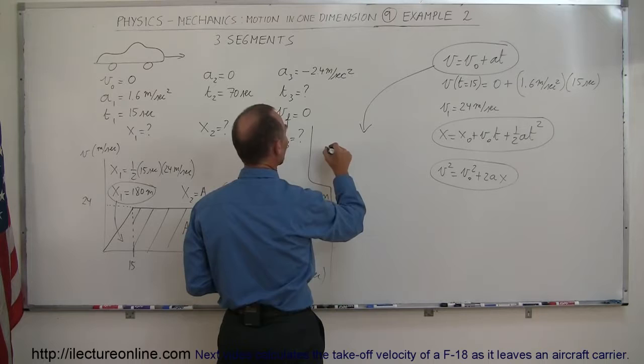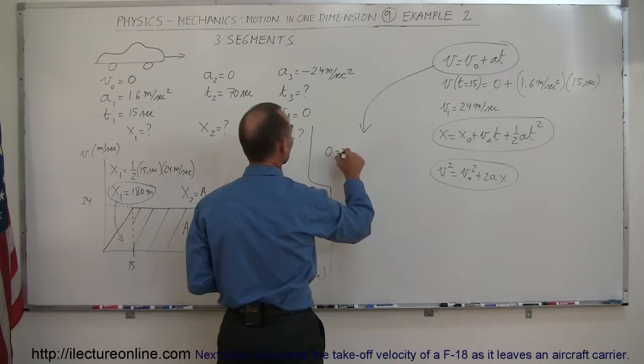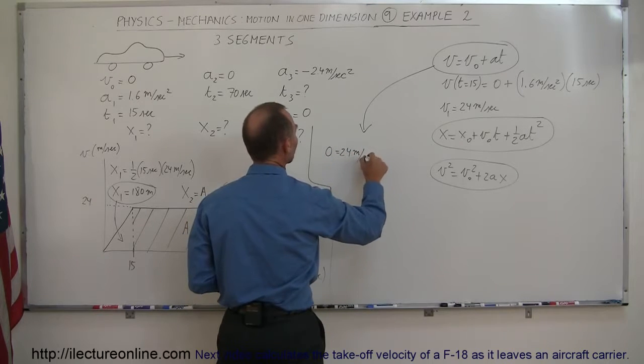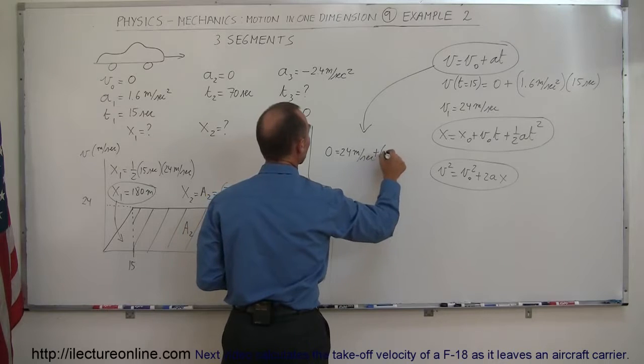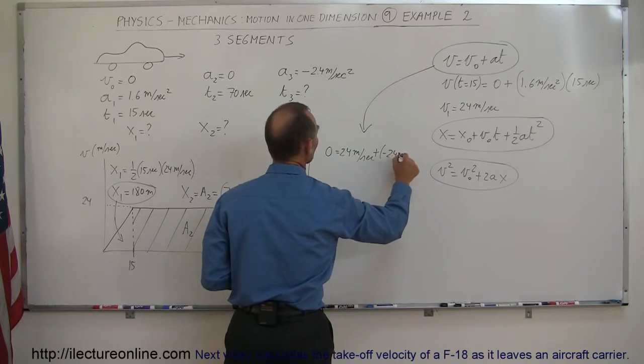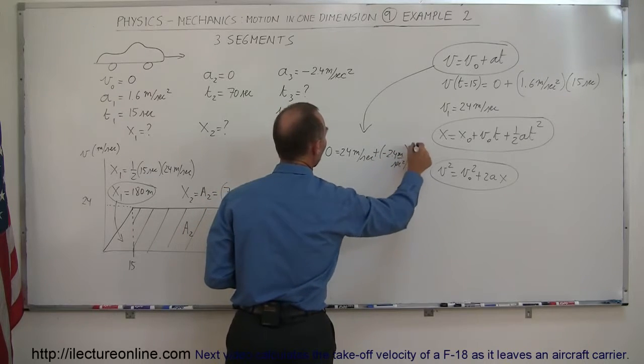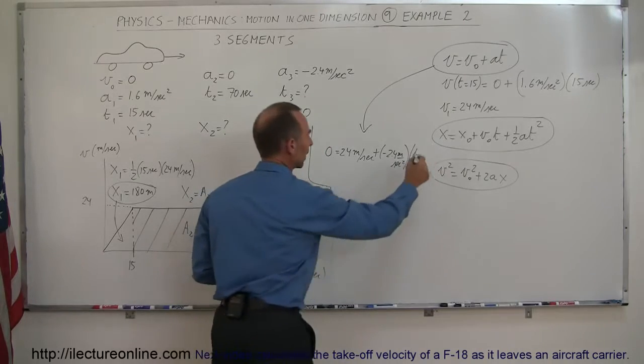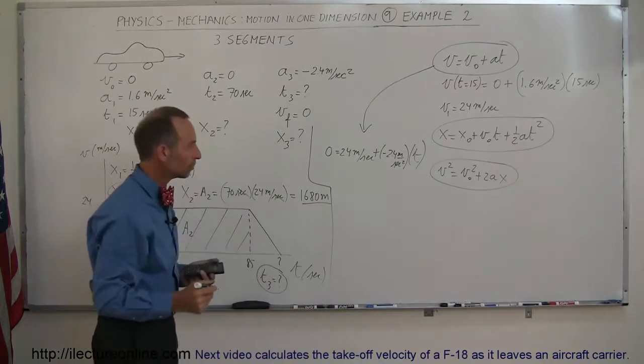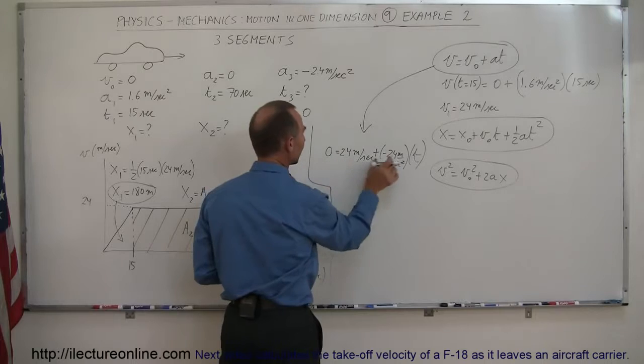So the equation becomes: final velocity is 0, equals initial velocity 24 meters per second, plus a, minus 2.4 meters per second squared, times the time. Time is the only unknown there. So I can move this over and divide by that.